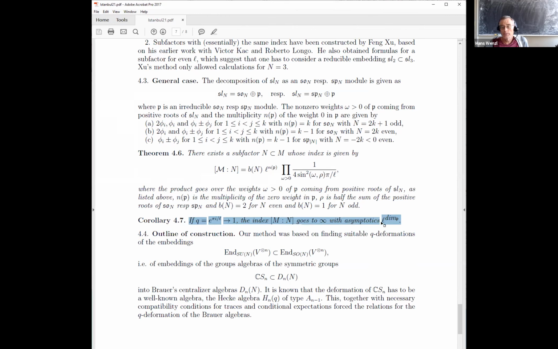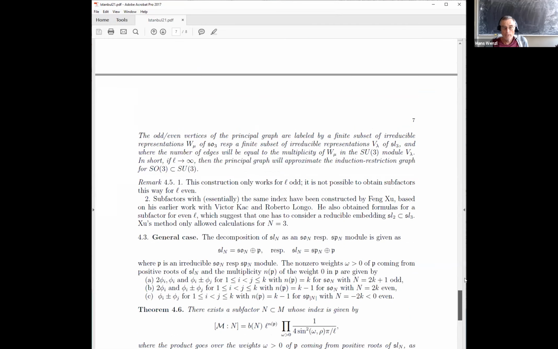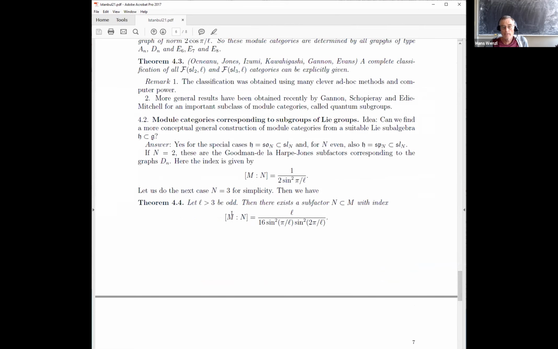And it approximates infinity with asymptotics the dimension of P. So like in our case, if you want to check it for SL3, you can check here that the asymptotics will be L to the 5th in this example here.